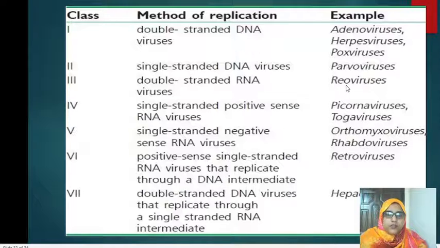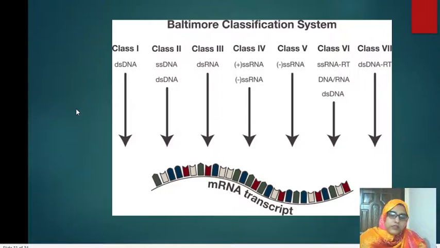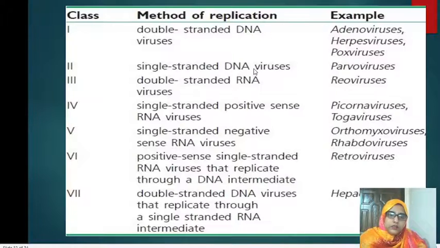Respiratory enteric orphan virus. Number 4, you can see here class 4, it is positive sense RNA. You can write it after the abbreviation as single-stranded positive sense RNA virus, picornavirus.